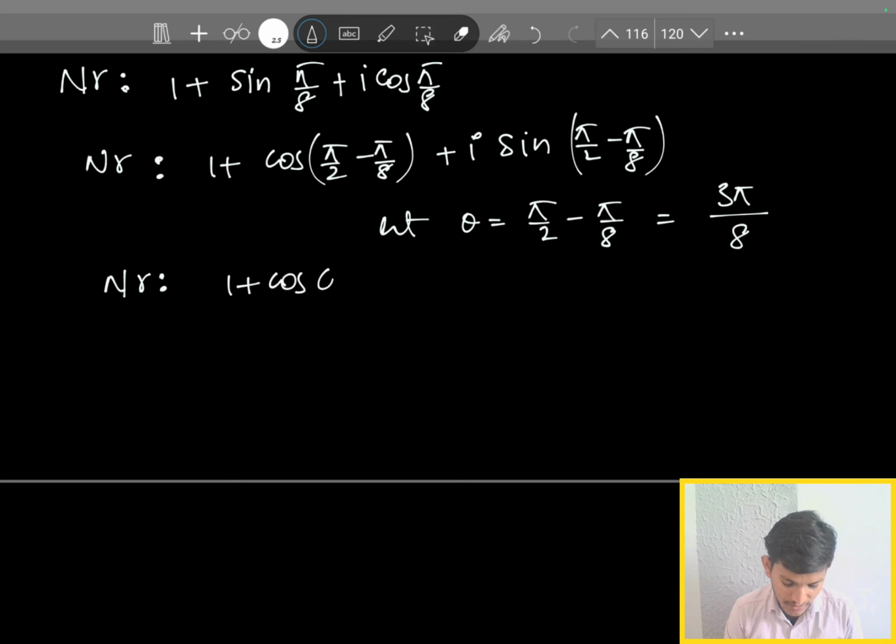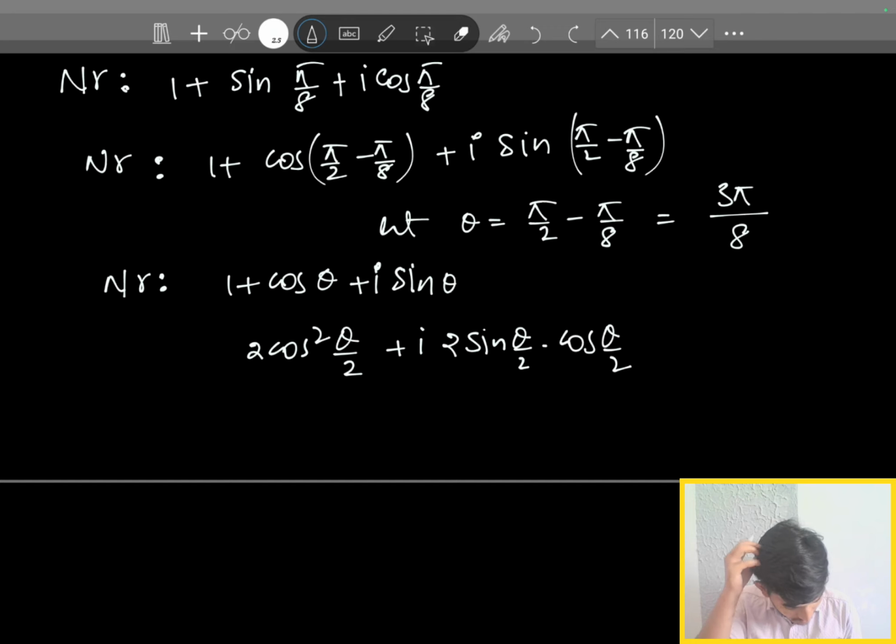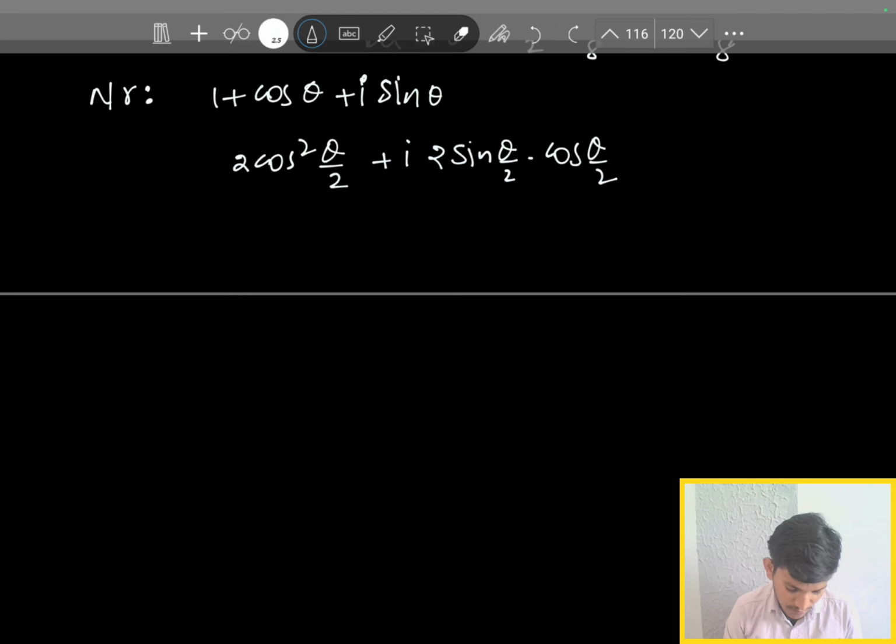So we have 1 + cos theta + i sin theta. I am supposed to write 1 + cos theta as 2 cos² (theta/2), plus i sin theta, which is 2 sin(theta/2) cos(theta/2). From the numerator, 2 cos(theta/2) is taken common outside, and we are left with cos(theta/2) + i sin(theta/2).